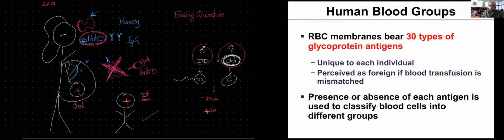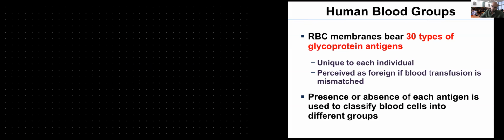So Rh positive can receive Rh negative. Yes, so when you apply the rule, what is the rule again? Don't give an antigen to a person who is producing antibody against this antigen. So if you are Rh positive, this means what?